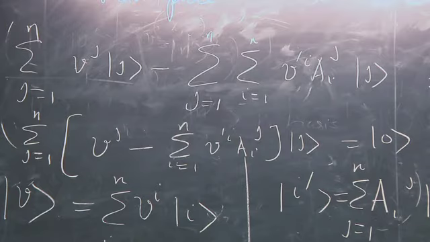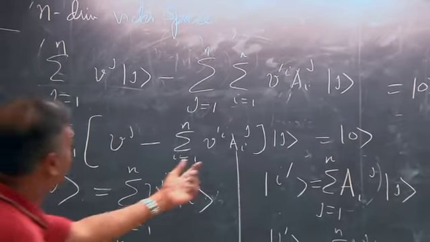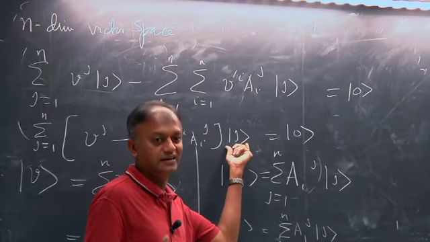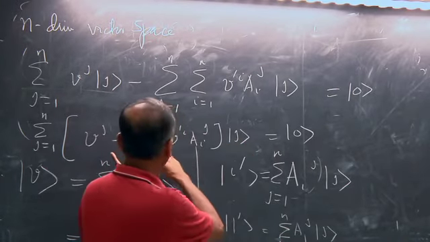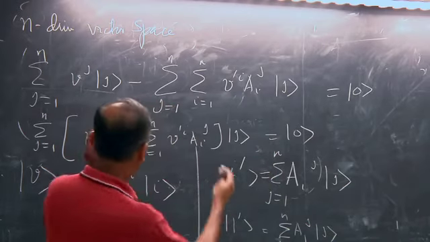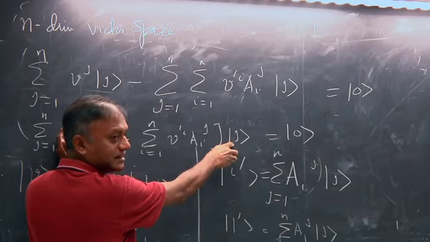Now, what does that equation imply? You see, the set of vectors j were a basis. They were linearly independent. So such an equation will have only trivial solutions. These coefficients must all be 0, right? Because the j are linearly independent.